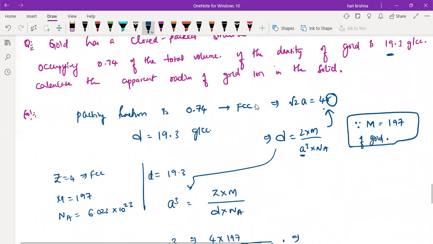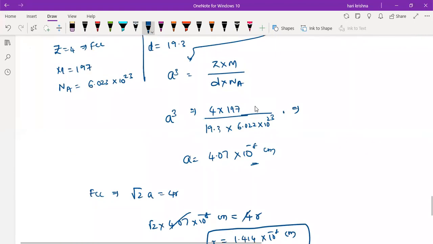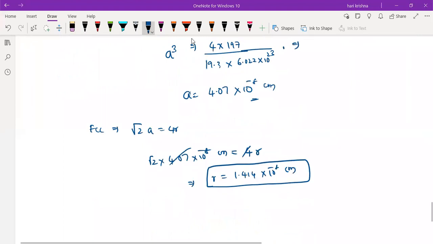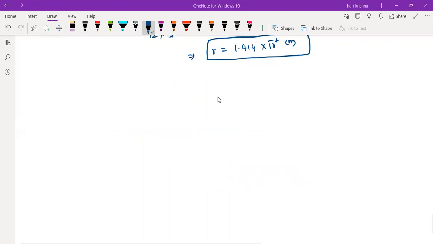Can I write the next question? Okay, we'll go for the next question. See, if you practice many questions, you will be able to crack the exam. There are two different types of questions you should know.